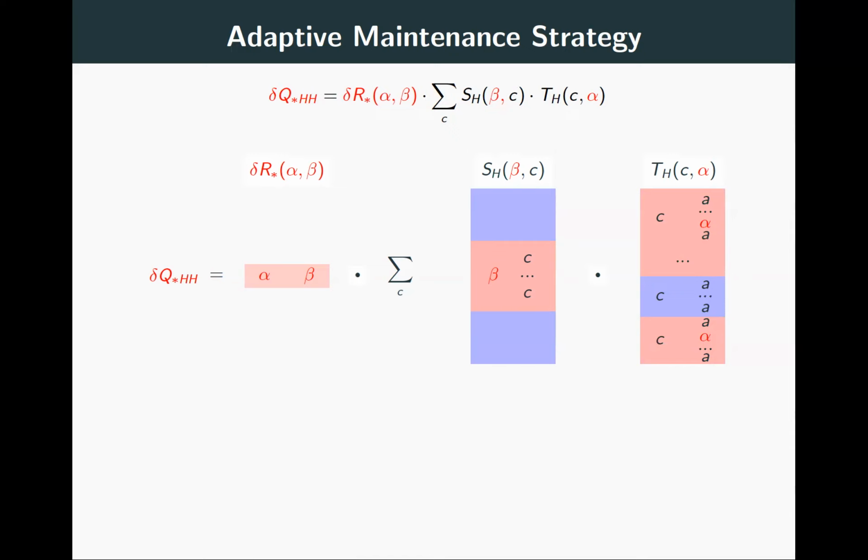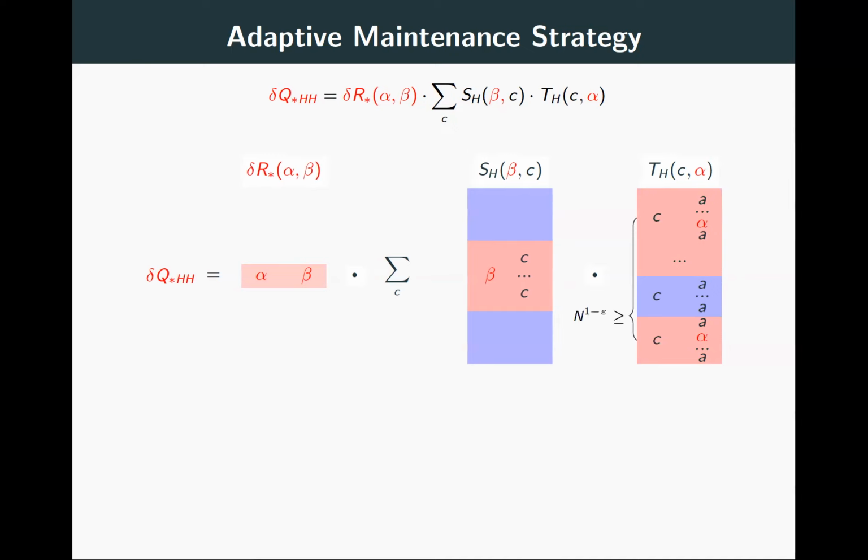So imagine now we are in a situation where we are heavy and heavy with the same update. So it will be an update that says alpha, so some update. And now we have S heavy and T heavy. So what do we know now?